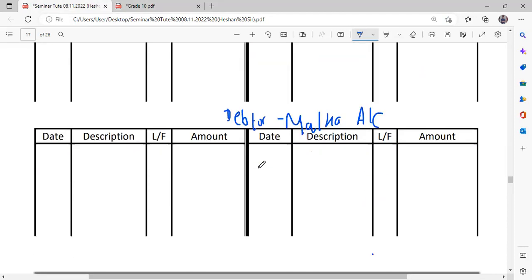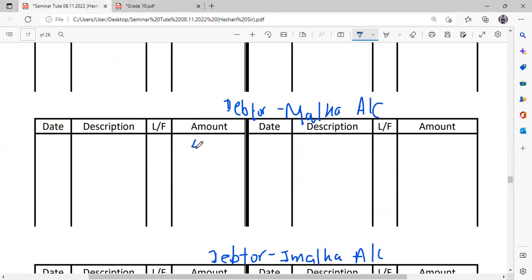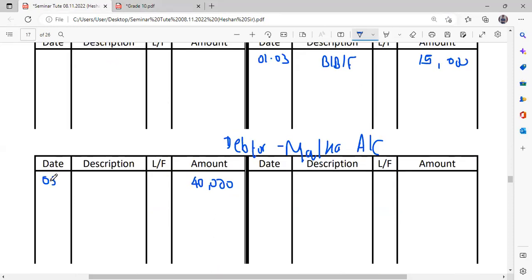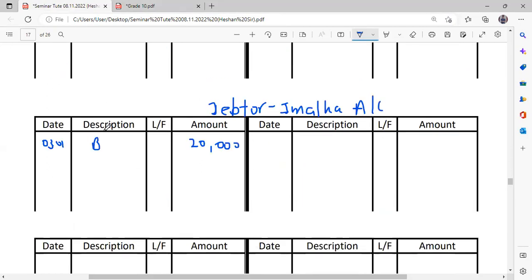Now all the asset balances are brought forward from the debit side: 40,000 and 20,000. March 1st, balance brought forward, right?